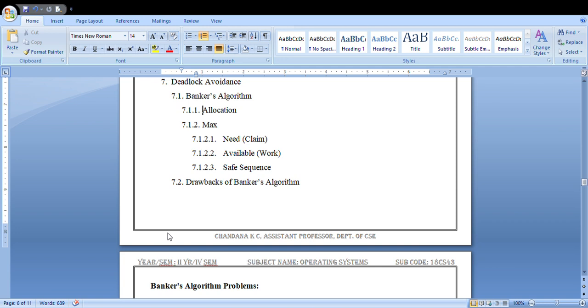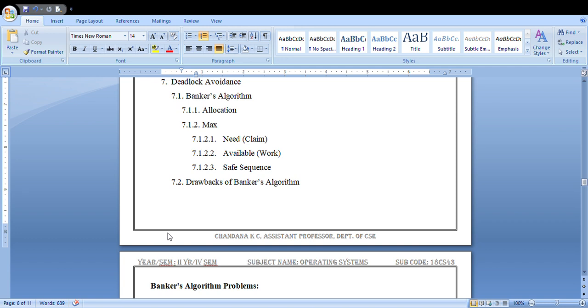In the same way, allocation is how many resources are allocated to each and every process. While solving the problem, I am going to explain how to calculate the allocation, max, and need, and I will give the formula for how you can solve Banker's algorithm problems.